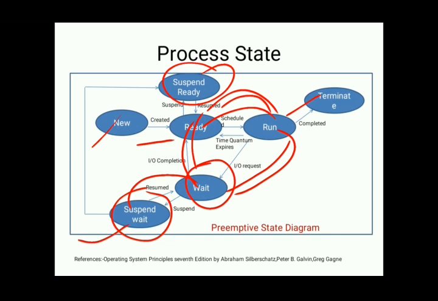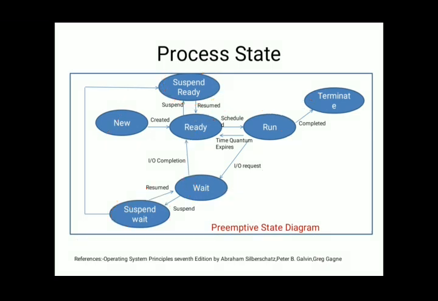So this diagram is the preemptive state diagram. Understand this concept of preemptive state diagram. Preemptive means the process is preempted for some time, or you can take the word preemptive as the process exits for some time.